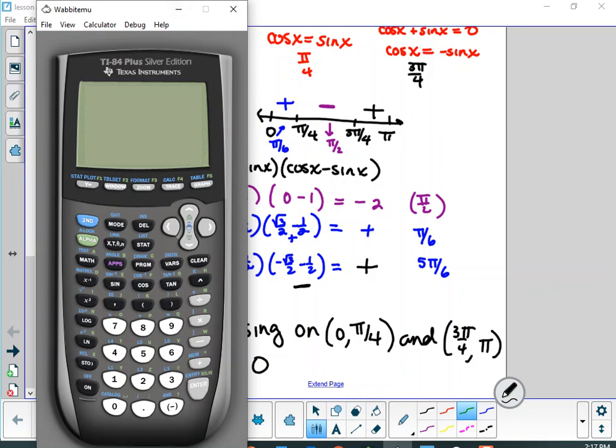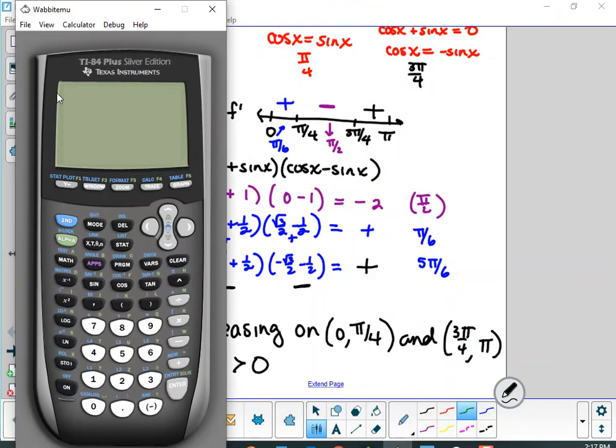Now, nothing like a picture. Remember, the original function was 2 sine x cosine x. I'm going to graph it. I don't need to see all of that, I just need to see the 0 to pi part.